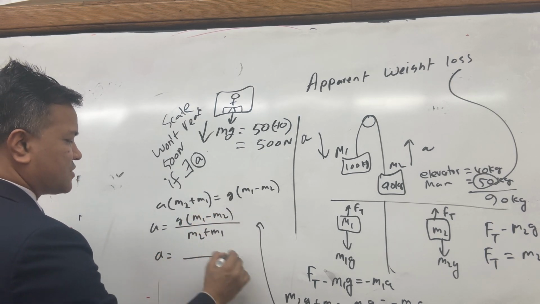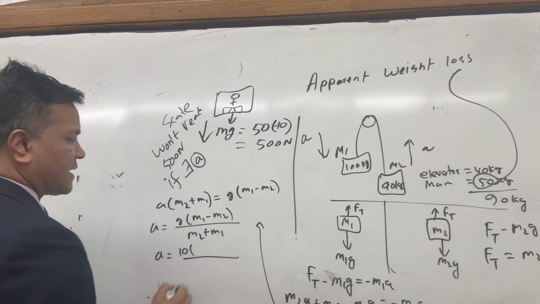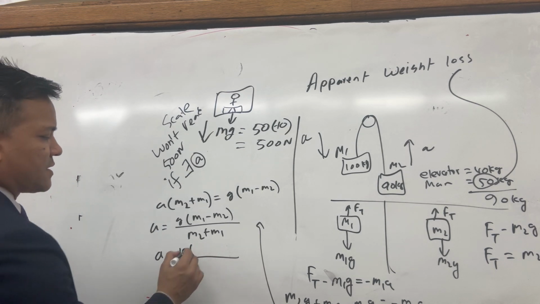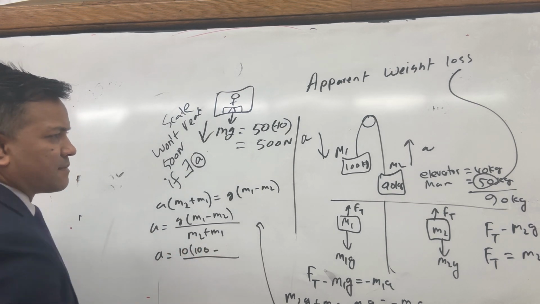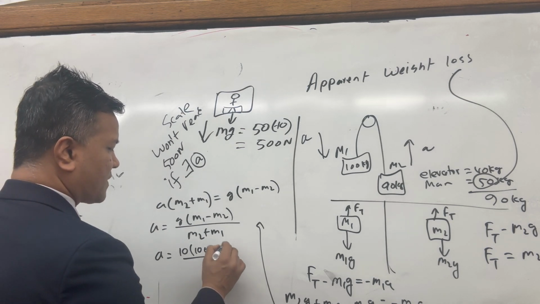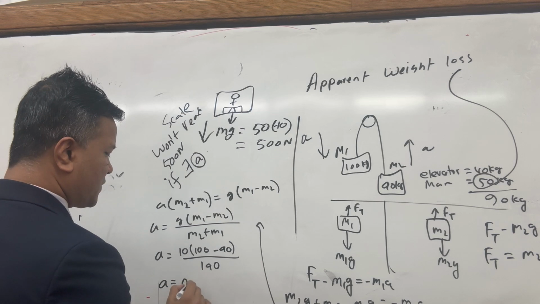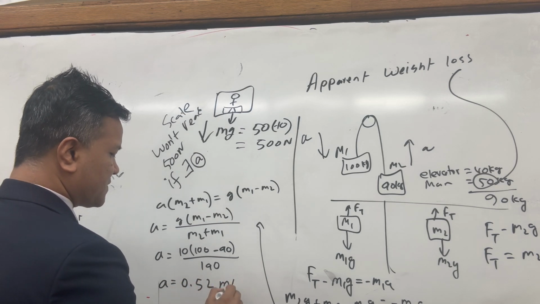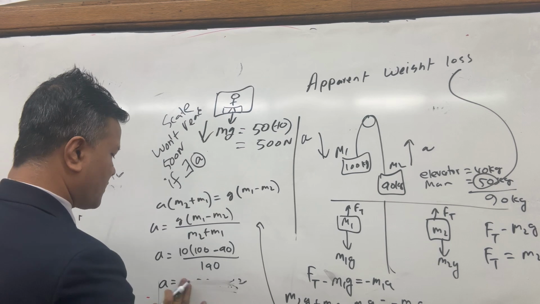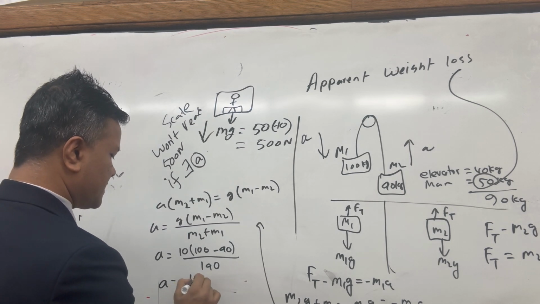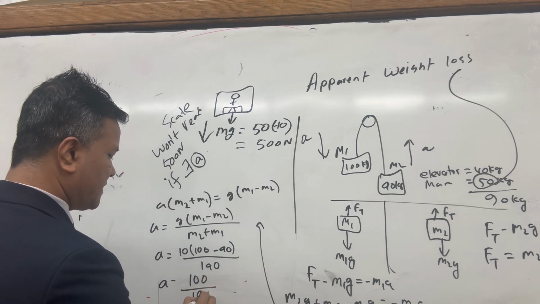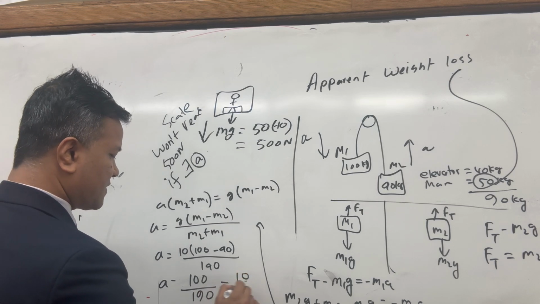So g is 10, m1 is of course 100, minus m2 is 90, and this is 190. So acceleration is 0.52 meter per second squared. Is that right? So 100 divided by 190. So acceleration is 10 over 19.